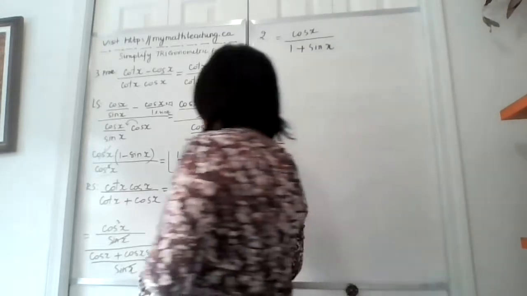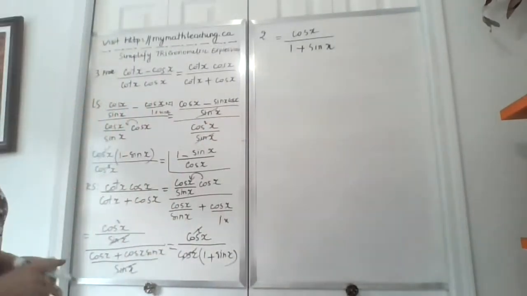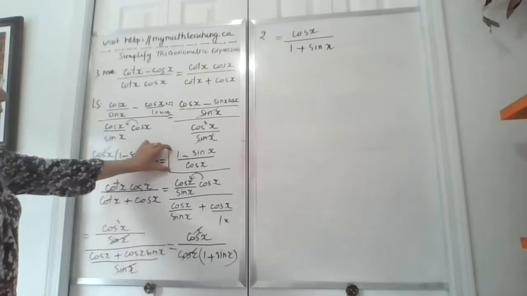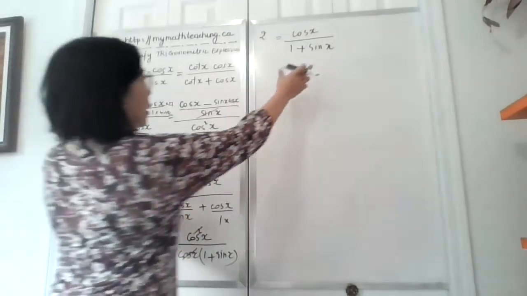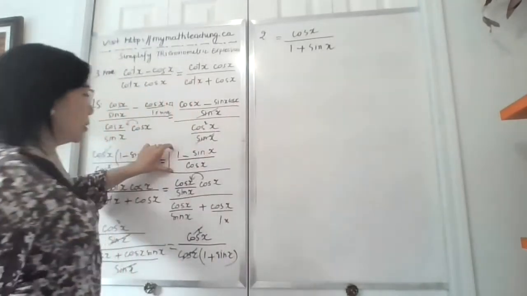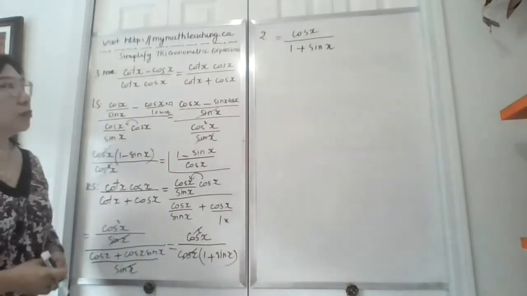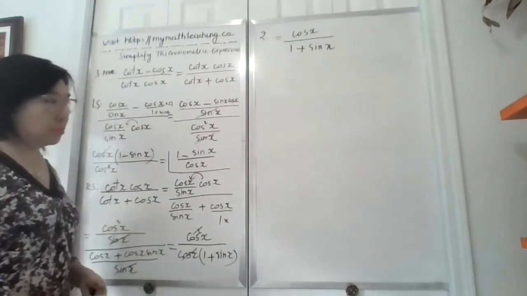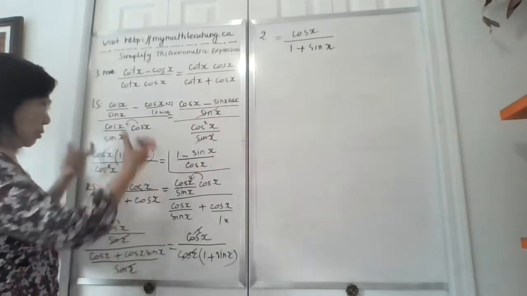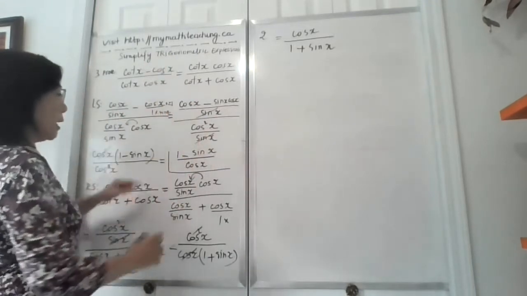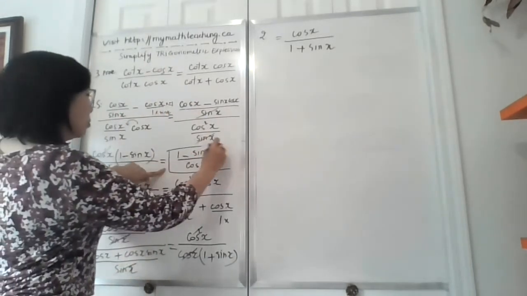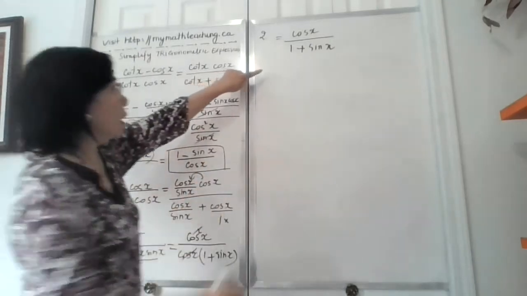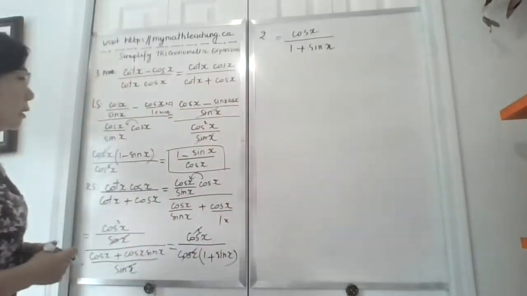So now I've simplified well enough, but I'm going to look at the left here and I look at the right here. Do they look the same? No. I haven't proved it yet, because I worked everything down, and the left still looks different from the right. So what can I do about that?